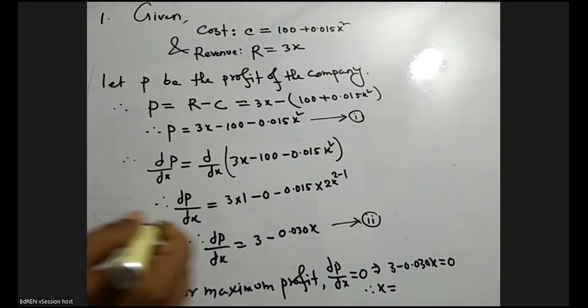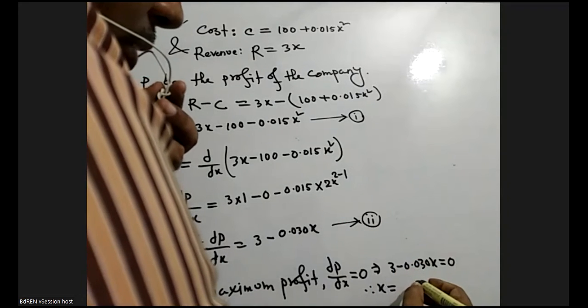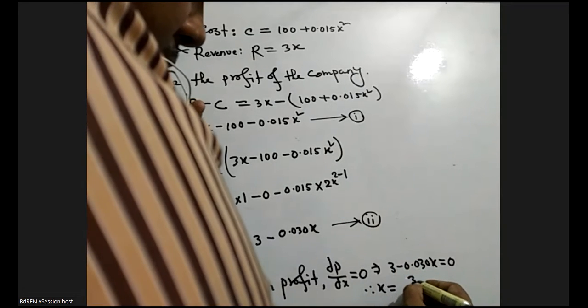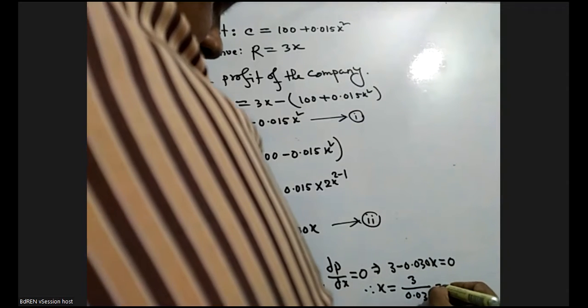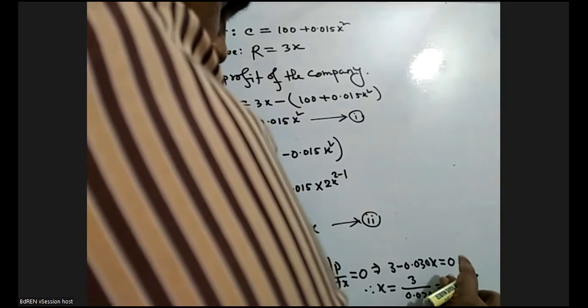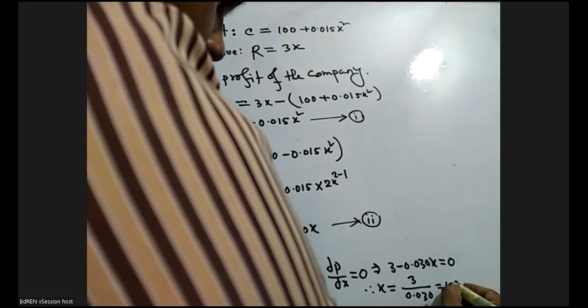X equals 3 divided by 0.030. And this equals 100 units. That means 100 units will be produced and sold.